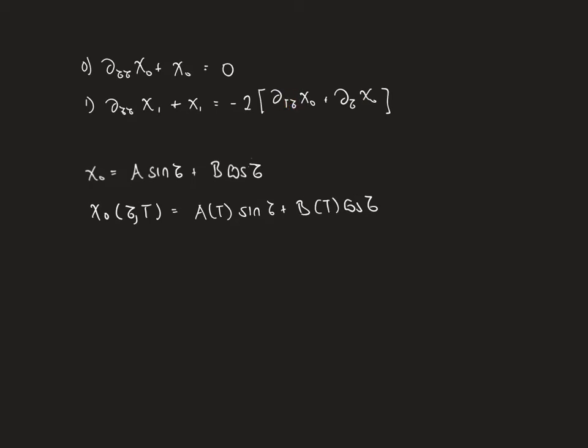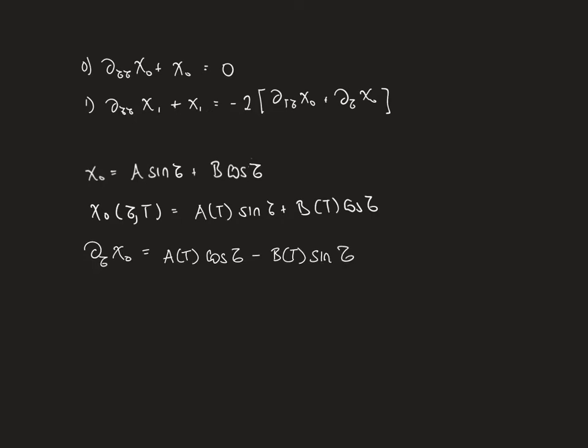Okay, so let's start with the last one. We want to have d tau x naught. So this is simple. The first one then: we have a capital T, the derivative of sinus is cosinus, and in here we will have minus B of T, the derivative of cosinus is minus sinus.